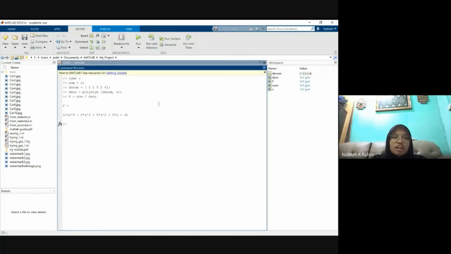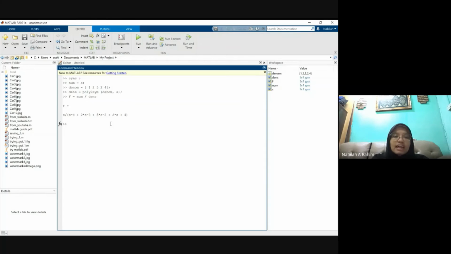So the function of the question is s over s to the power of 4 plus 2s to the power of 3 plus 5s to the power of 2 plus 2s plus 4.